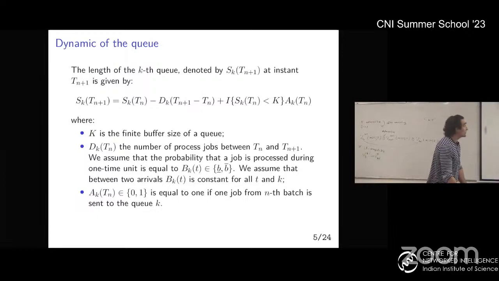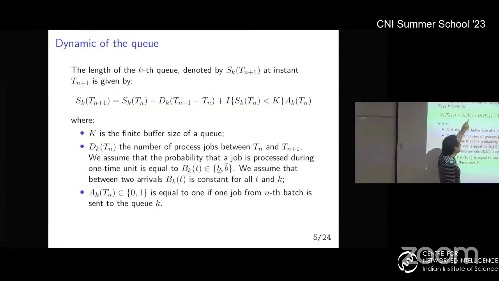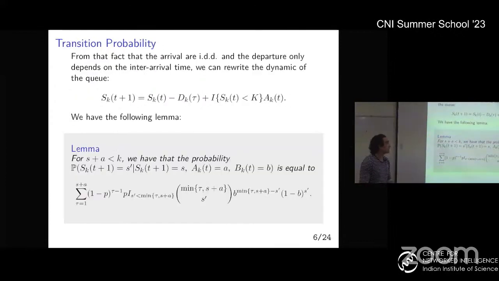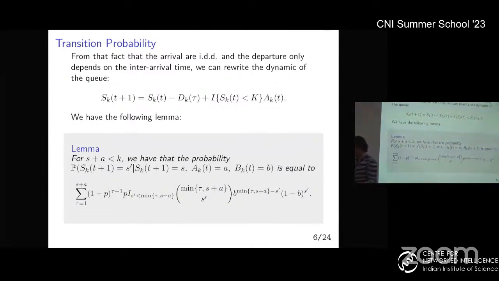Okay. So this equation looks a bit complex, but at the end, because we're only looking at events, we don't need to really take care of the time. We only need to know the event and the interval of arrival time, right? So we can just rewrite this equation as follows, where the length of the queue at t plus 1 is equal to the length of the queue at t minus the departures, if between the two arrival times the interval is of size 2.